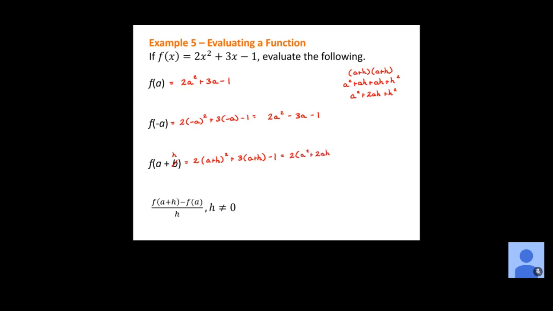plus 2ah plus h squared plus, and I can go ahead and distribute this 3 now to the a and the h. So we're going to have a plus 3a plus 3h, and then I just have my minus 1.